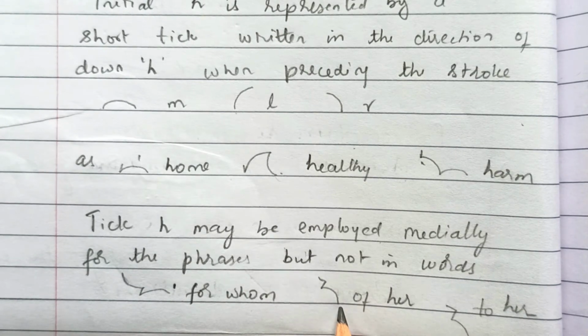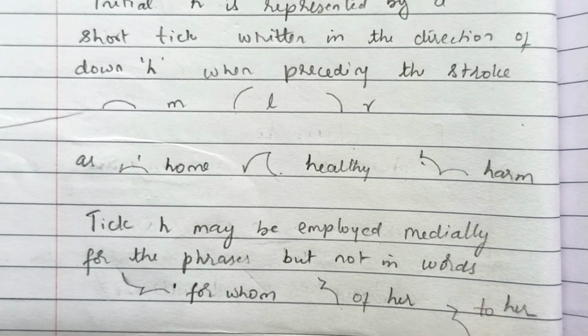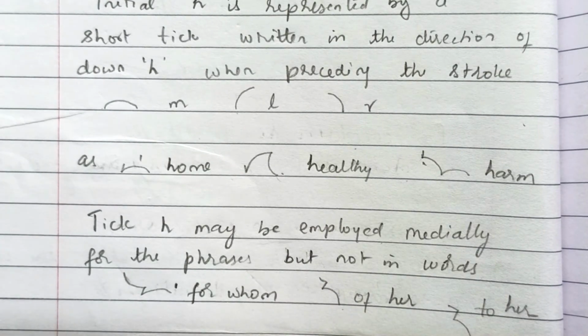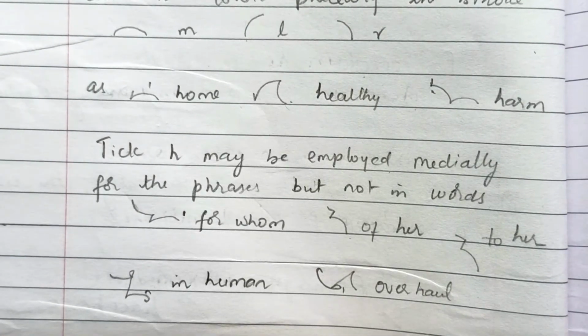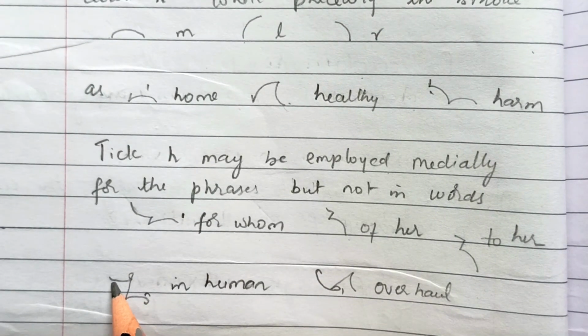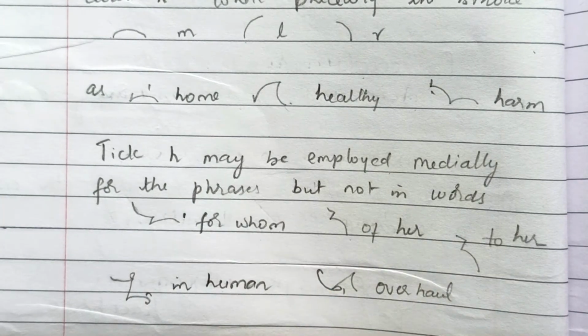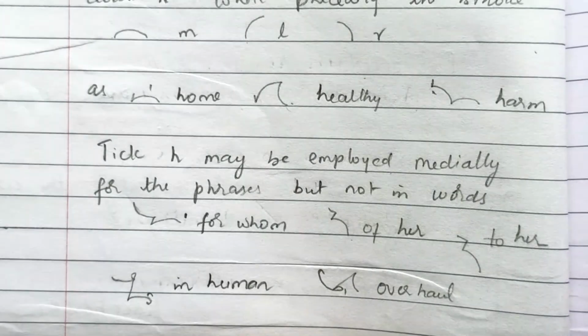Of her, to her. So in this way we can make use of tick H medially for the phrases. But for the words we have to write the strokes fully. Here in human, overall, in these cases we cannot use tick H.